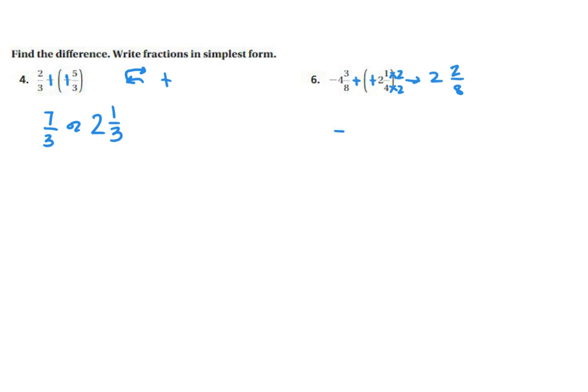So our new expression is negative 4 and 3/8 plus 2 and 2/8. So 4, and then we take away negative 4, and we add 2. So that's negative 2. And then negative 3/8 plus 2/8 is 1/8. So we end up with negative 2 and 1/8.